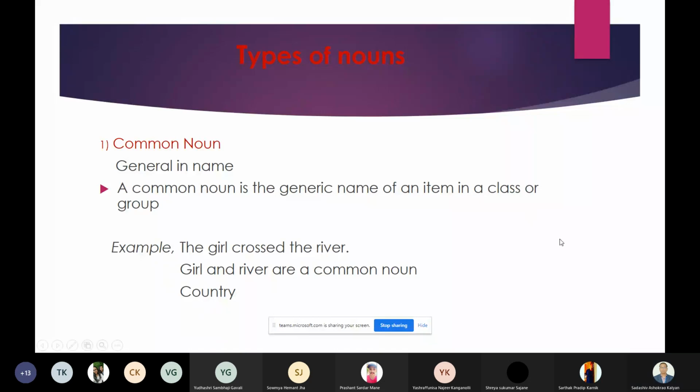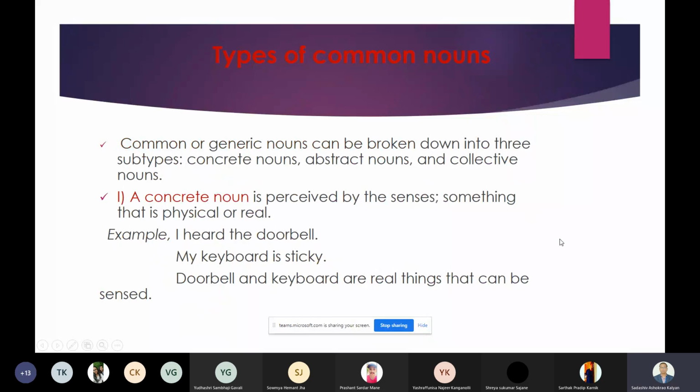Then we have studied how the common noun is again divided into subtypes, in which the concrete noun is contrasted with the abstract noun. A concrete noun can be perceived by all the senses that we have, or it is something that is real or physical. I heard the doorbell. Here we hear the sound of the doorbell, but we are not able to see it.